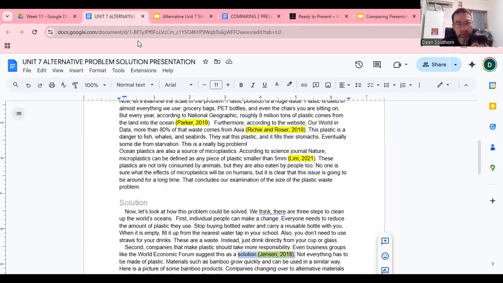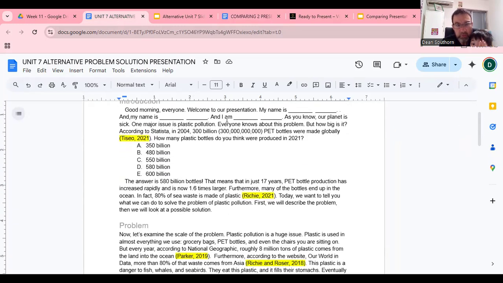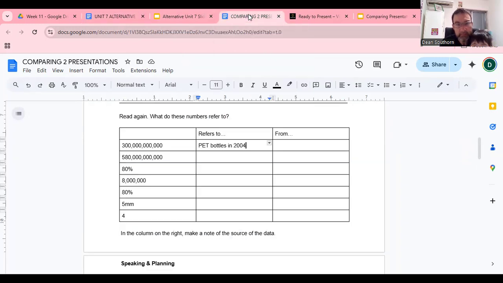It says here at the beginning, pet bottles in 2004. But where does it come from? It comes from Statista. So you would be able to write Statista in there. So all numbers, all data, you should be able to clearly say what that refers to, but also where it actually came from.